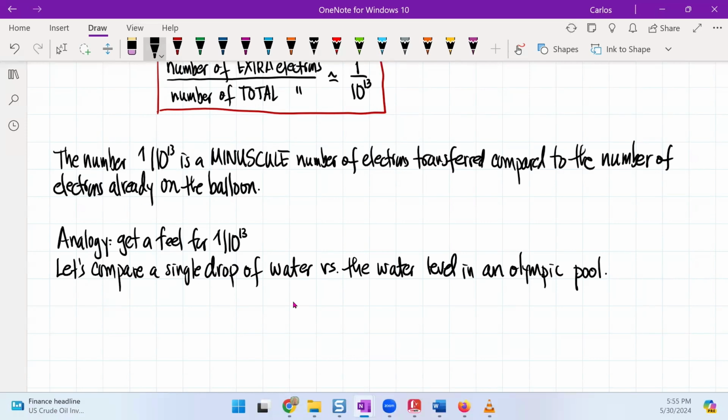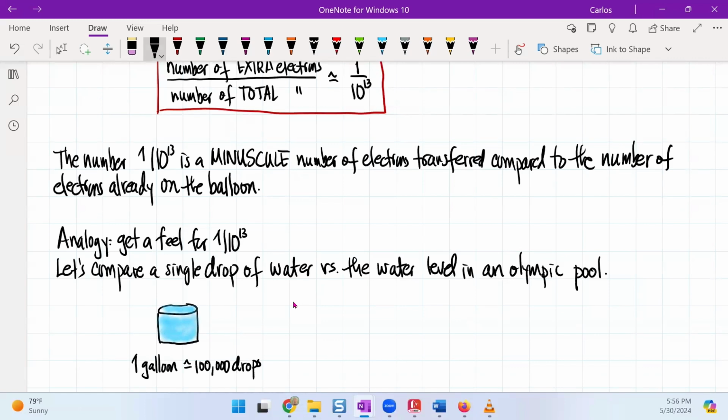So imagine that I have a gallon of water. And by the way, we can easily estimate this. We're not going to do that, but you could imagine that I have a gallon of water. So in this situation, we're going to say that 1 gallon of water is about 100,000 drops. By the way, you can calculate this, or you can actually just Google it. I actually calculated it and I Googled it.